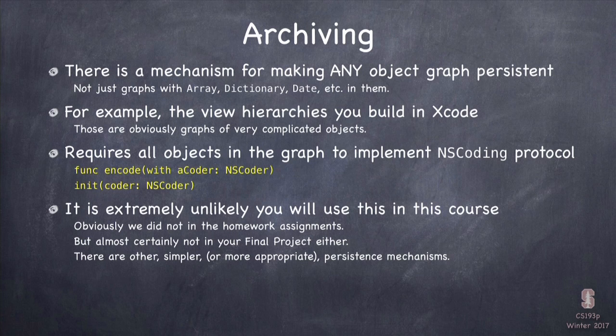Now, this mechanism is kind of special, because the system is smart enough to know when you put an object in your dictionary and someone else in the same object graph puts that object in there, that it's the same object. So it's not going to ask that object to reconstitute itself twice. It's only going to ask it to do it once, and then it's going to make pointers to it. So this is how the storyboard can work. If you think about the storyboard, it's got a view hierarchy.